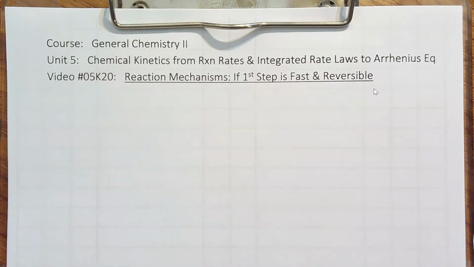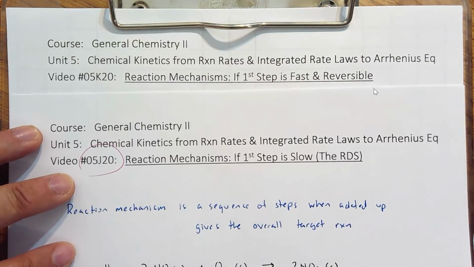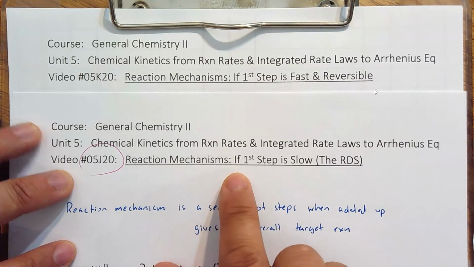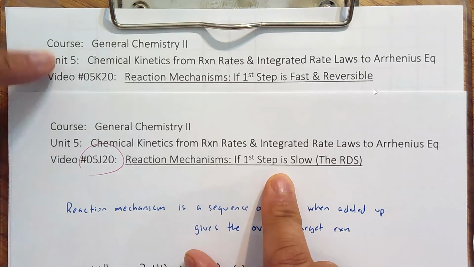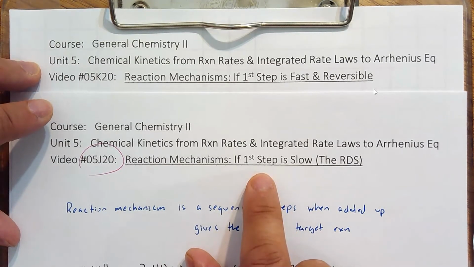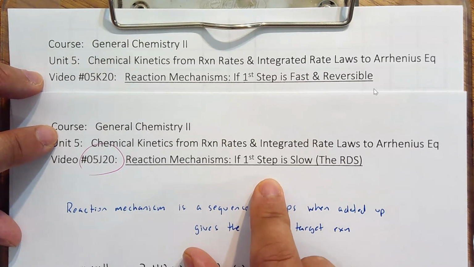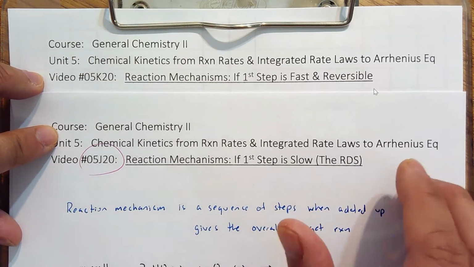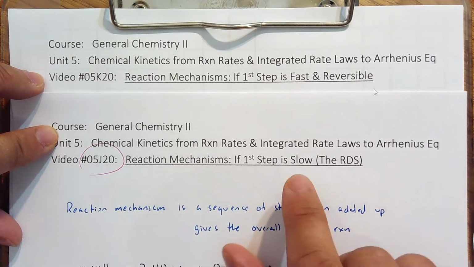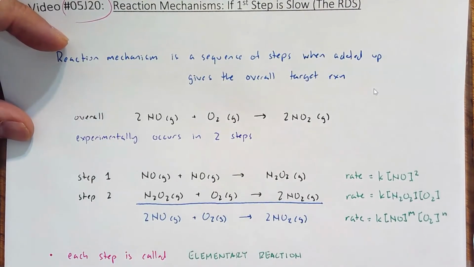Just a reminder, in a previous video, I went over the reaction mechanism where the first step is slow. That's the easier of the two situations, because if the first step is slow, then the rate law expression for the overall reaction is identical to the rate law expression for the first step.